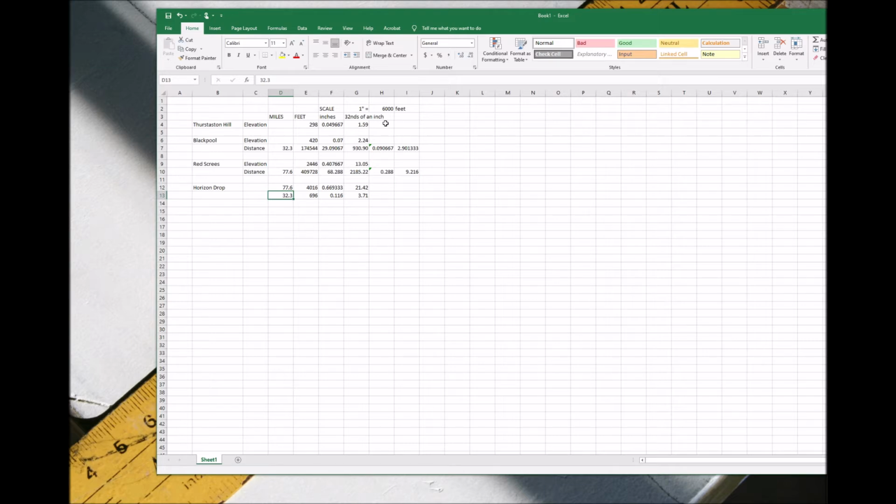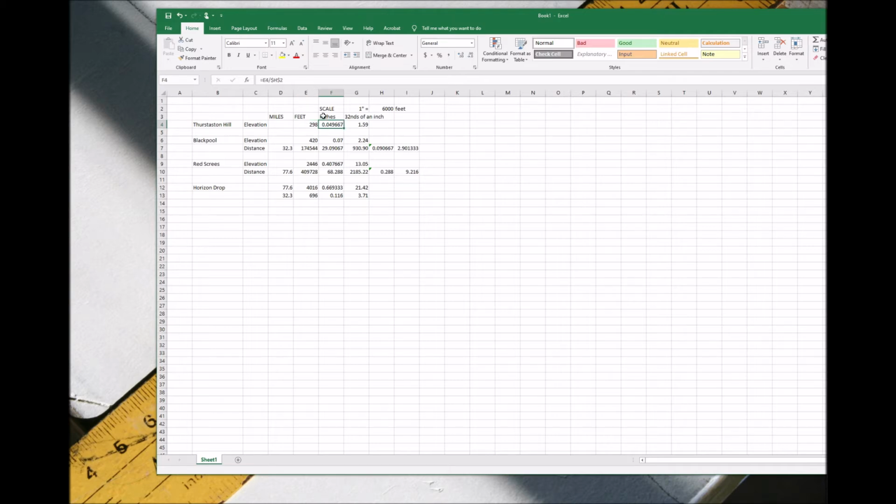I needed to develop a scale that I could use to draw this on my tabletop. Well, I found that a scale of 1 inch equals 6,000 feet pretty much maximized the use of the tabletop. It got me to within a couple of inches of each end. So on the basis of that scale of 1 inch equals 6,000 feet, I took the elevation of Thirst-Aston Hill and I converted it to inches.